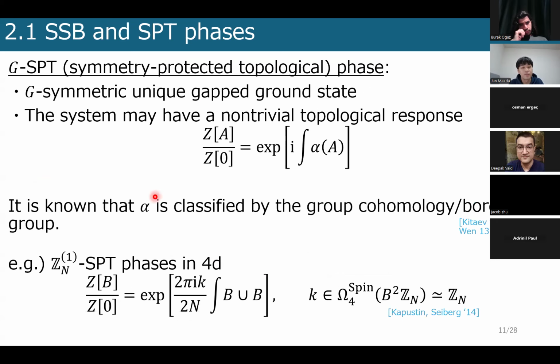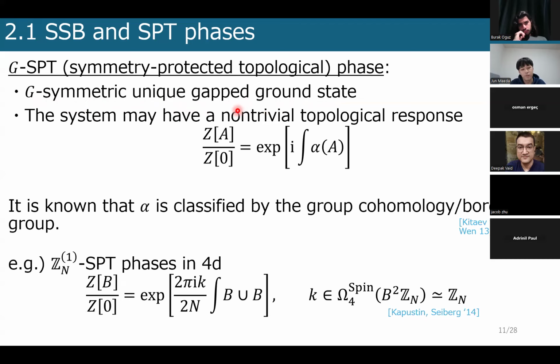Then let us consider the SPT phase case. SPT is an abbreviation of symmetry-protected topological phase. And a G-SPT phase is a phase with a G-symmetric unique gapped ground state. So if we forget G-symmetry, then it is a phase with a unique gapped ground state, so it is almost a trivial phase.